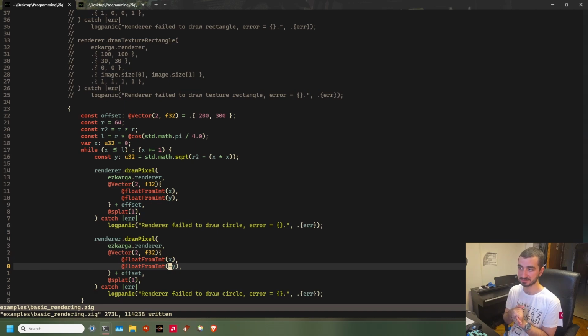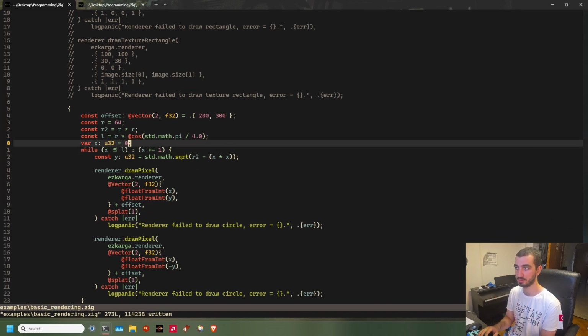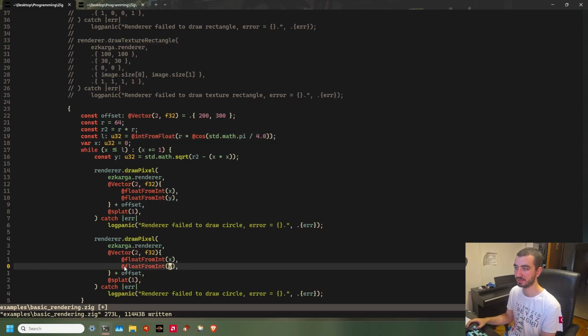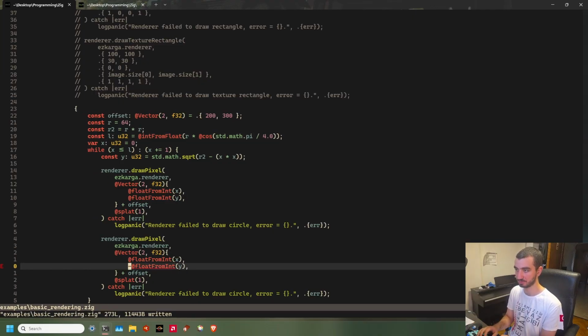Now, this is not going to be complete. Oh, I didn't turn this into an integer. Hold on. This is int from float. And the negative part of it is going to be in here.